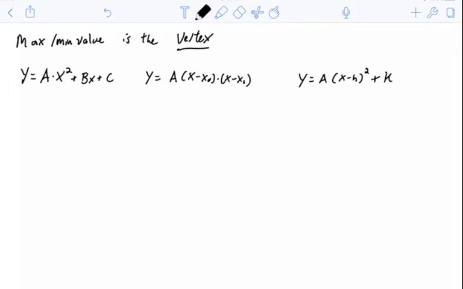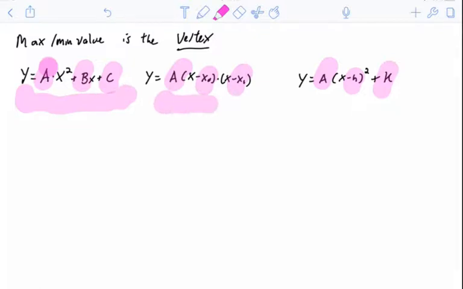In all three forms of the function, you define the parabola. You define the quadratic function in terms of knowing three numbers. These three numbers are going to be different. Even if it's the same function, the three values are going to be different in each of these cases.